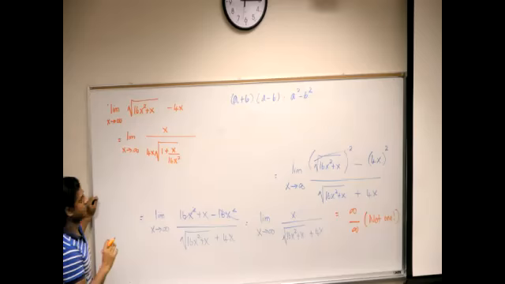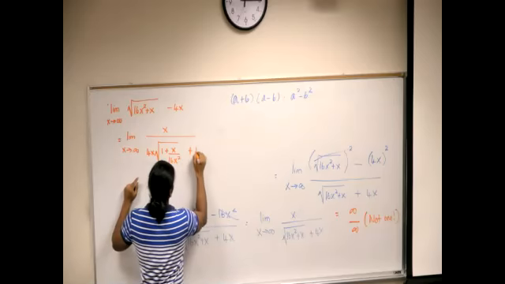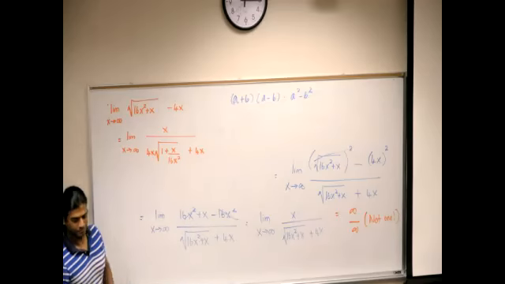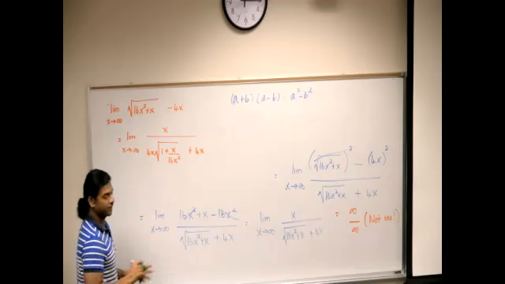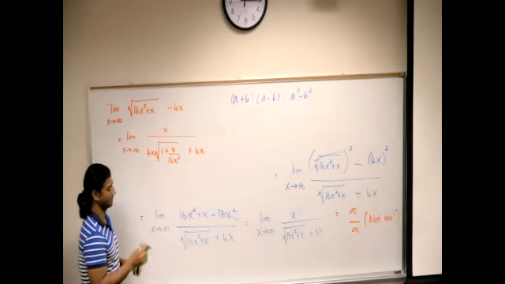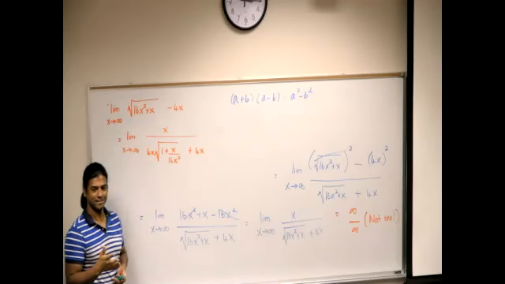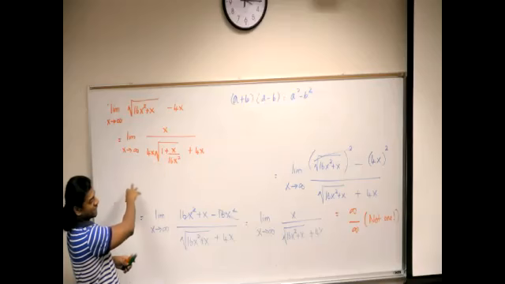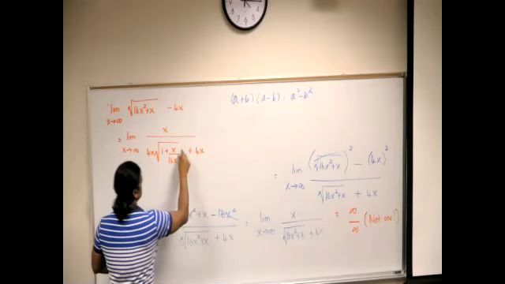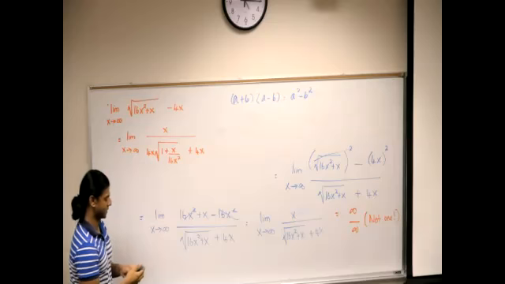Yes? Plus 4x. You see where I'm going with this? Yes. So I pulled 16x squared out. So that term becomes 1, and I'd have x over 16x squared.